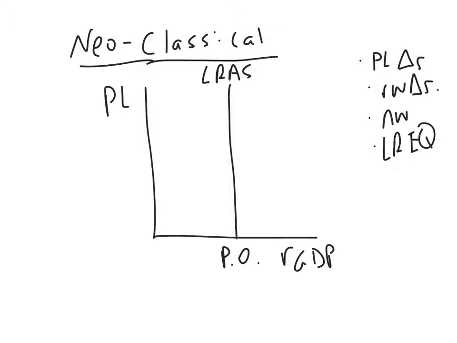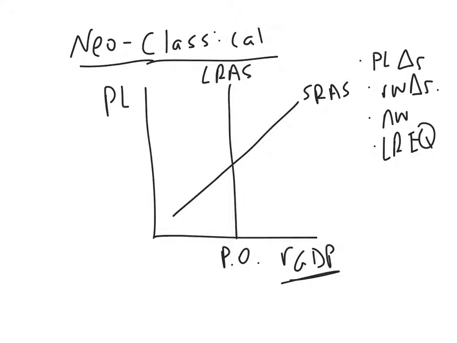There's some level of production of real output that can be produced, and so that's indicative of the LRAS curve. And then in the short run, the price level does impact production. If the price level rises, production increases because firms are going to find more profit with higher prices. Higher prices, make more money.